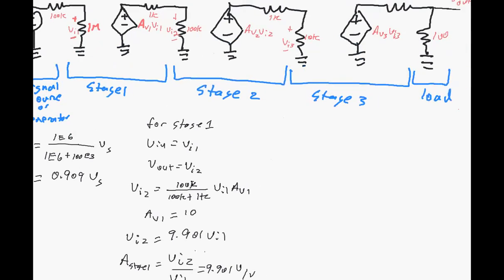Stage 2. Again, its input now is VI2 and its output is VI3.